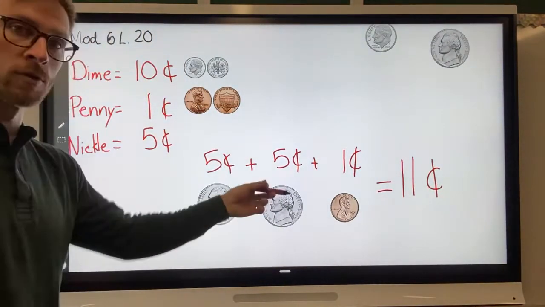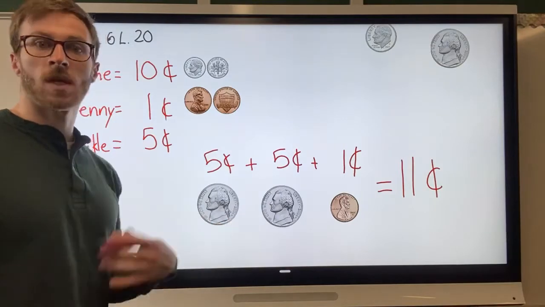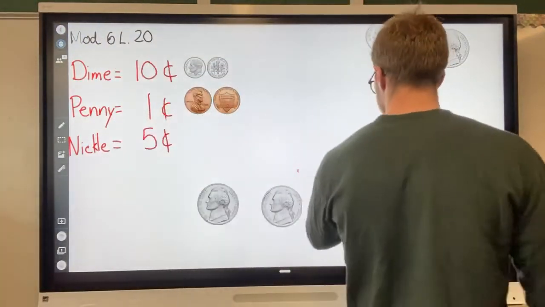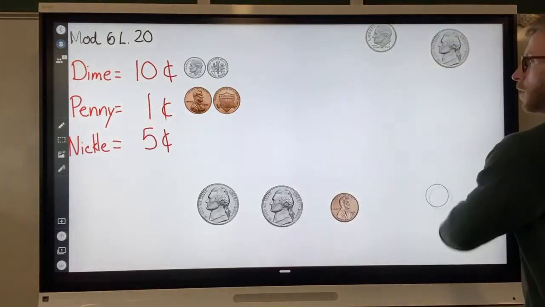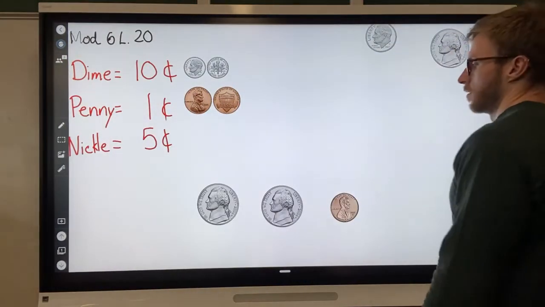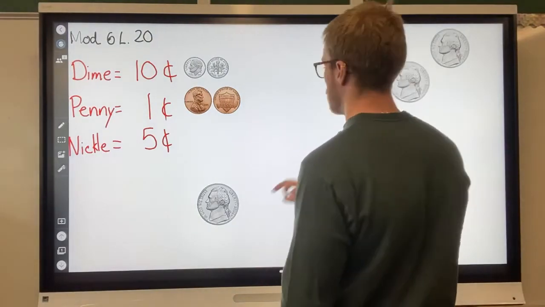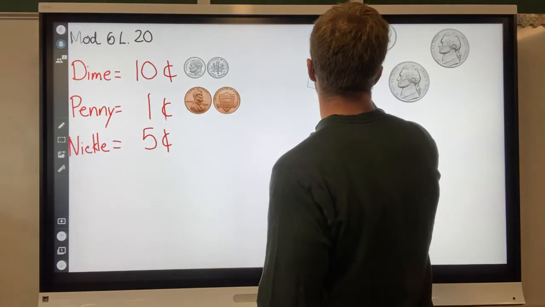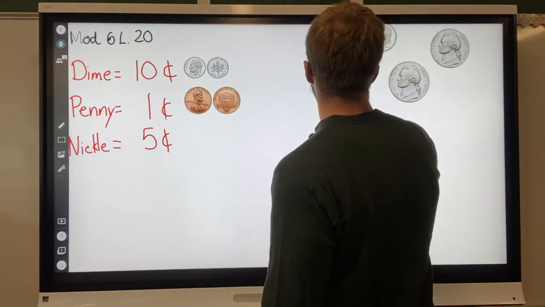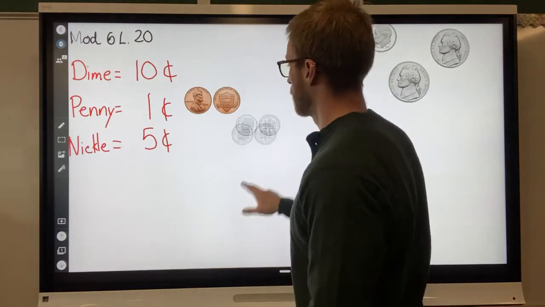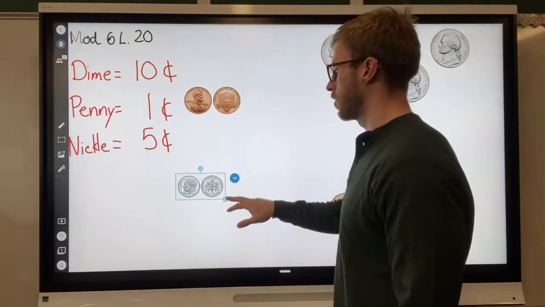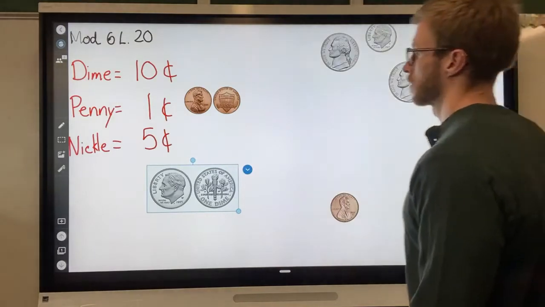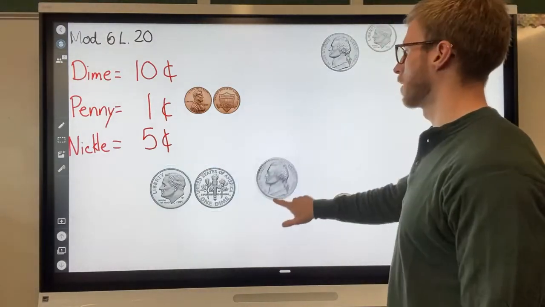Let's try another one. I'm going to throw some more coins up here. I want you to try and figure out how much money we have, how many cents. So let's do this. We'll call this 2 dimes right here, plus a nickel.